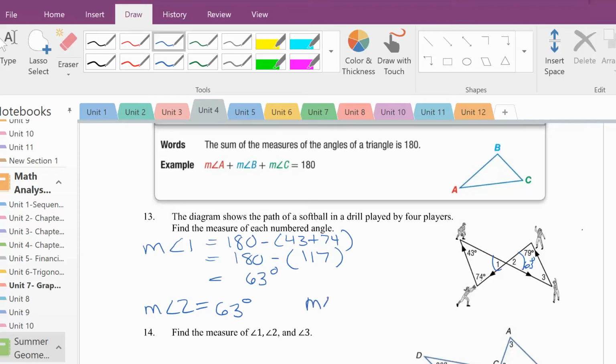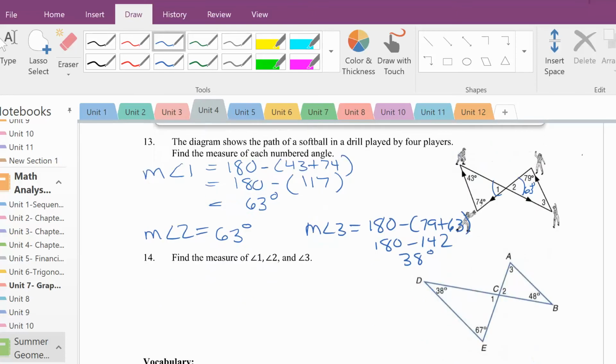So the measure of angle 3 is equal to 180 minus 79 plus 63. So 79 plus 63 is 142. So 180 minus 142 is equal to 38. So the measure of angle 3 is 38.